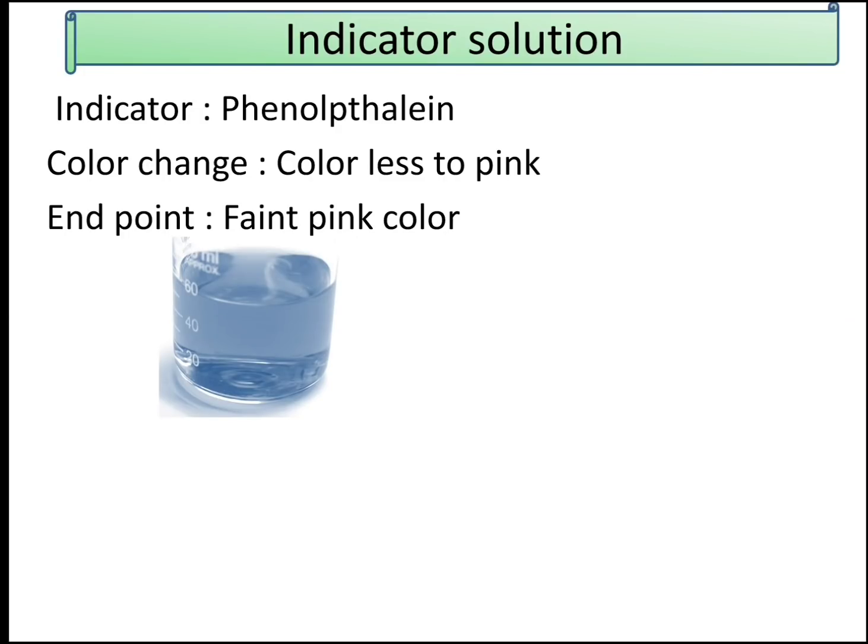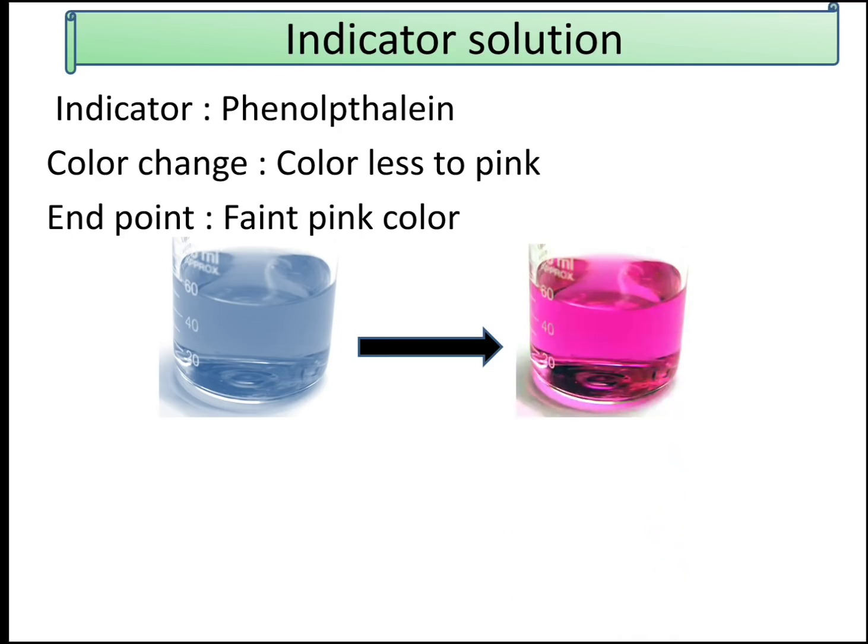An example: the solution is colorless in the starting of the reaction. As the reaction proceeds, the reaction mixture becomes basic in nature due to addition of sodium hydroxide, and at the end point the phenolphthalein becomes dissociated and gives pink color to the solution, representing its end point.